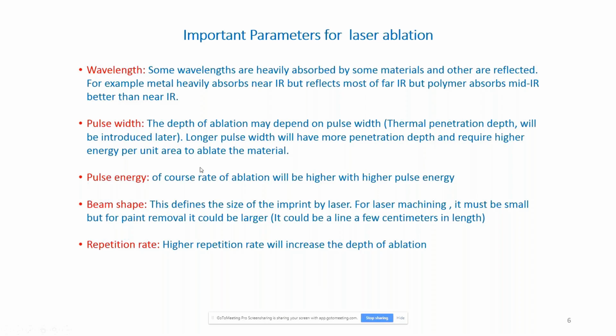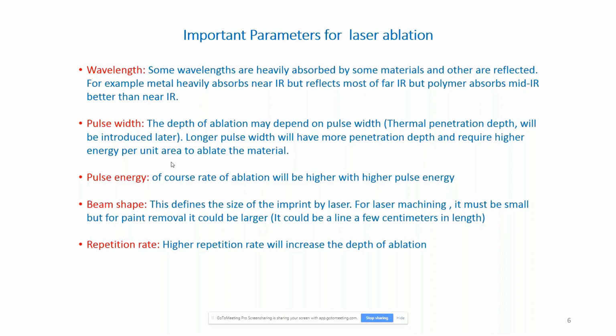Then the pulse width comes into the picture. The depth of the ablation may depend on the pulse width, and that is defined by the thermal penetration depth. And I'll show you some equations later. So a longer pulse width will have more penetration depth and require higher energy per unit area to ablate the material.